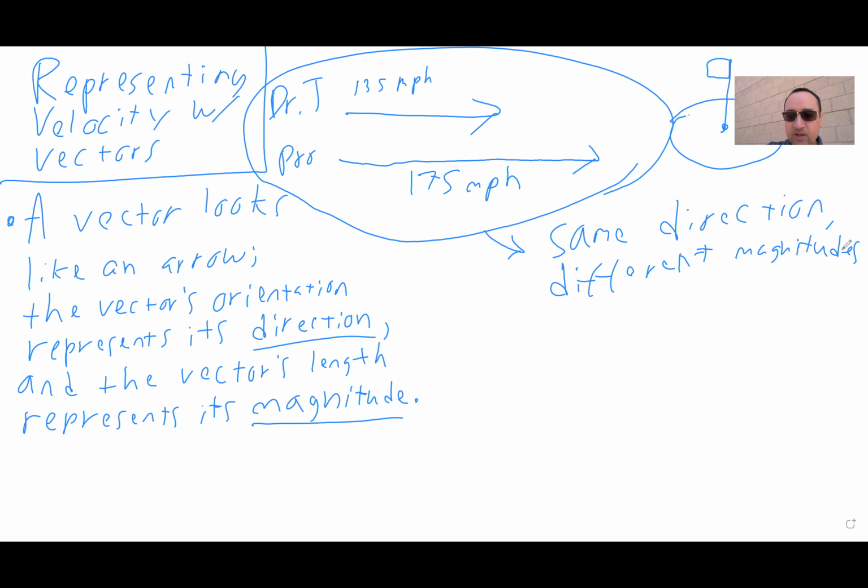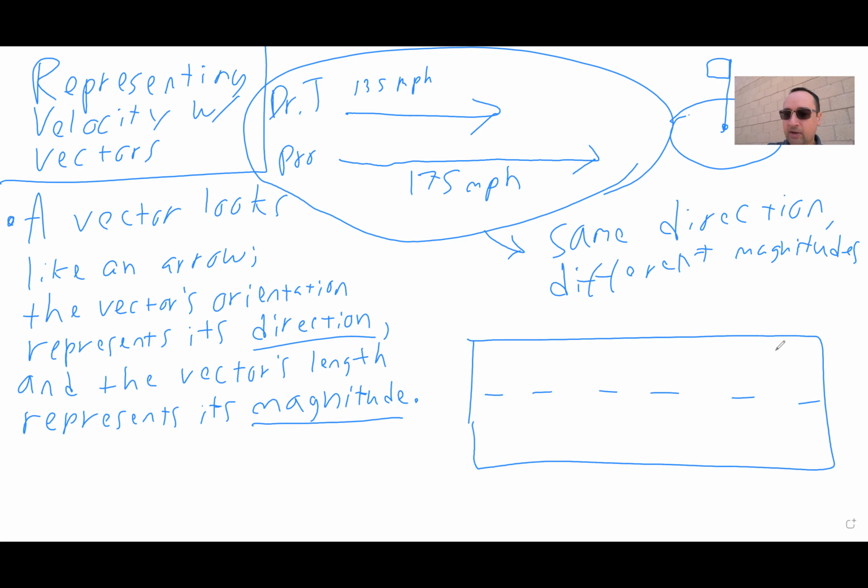So what's another quick example to help us understand vectors? Well, let's say we've got two cars going down a street. Here's a street. One car is going this way at 40 miles per hour, and another car is going this way at 40 miles per hour.